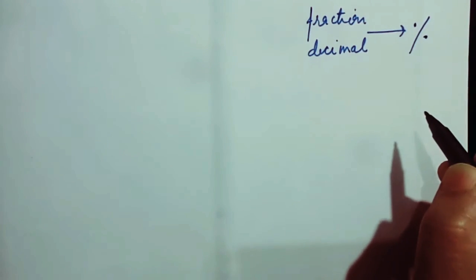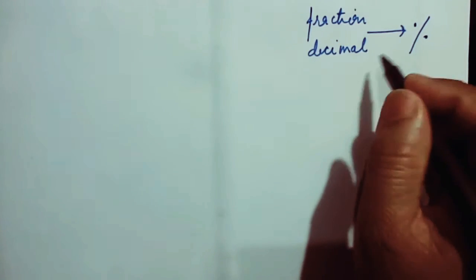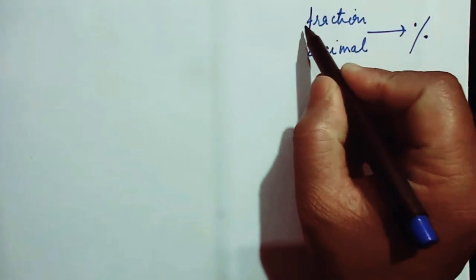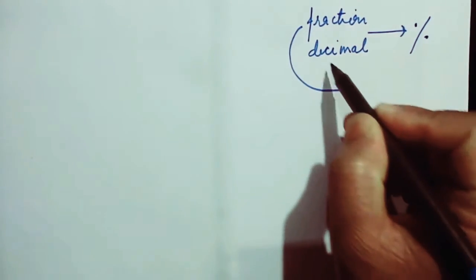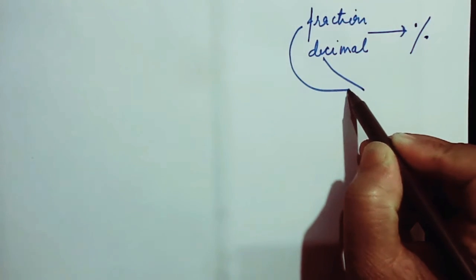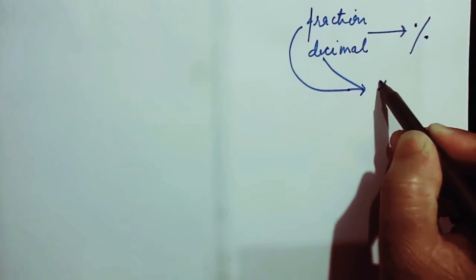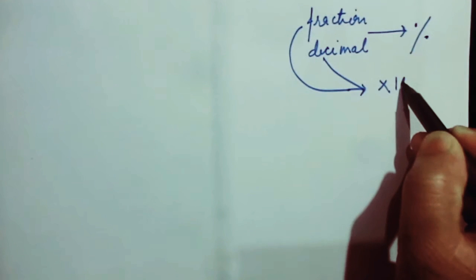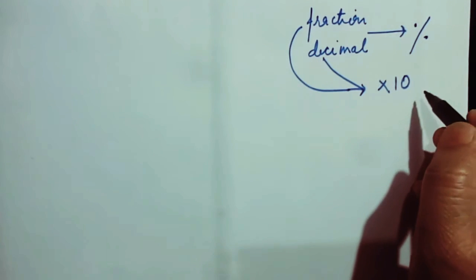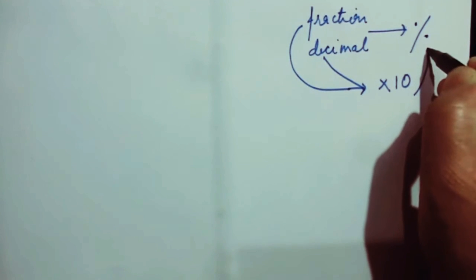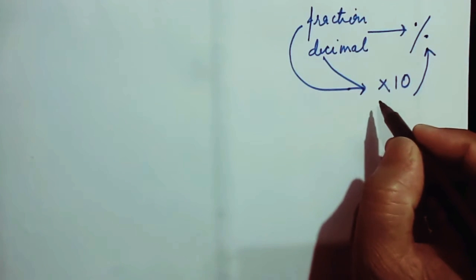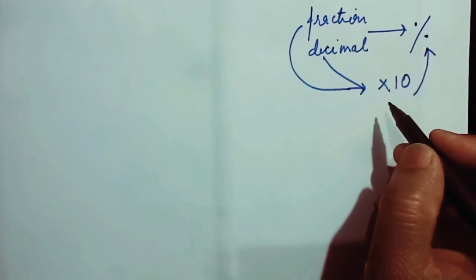And what we had done, we had multiplied this fraction as well as decimal by 100 in order to obtain our result in percentage. So we shall be doing the same thing.